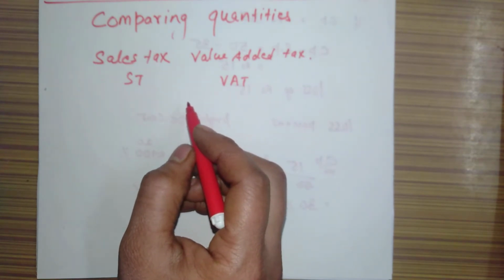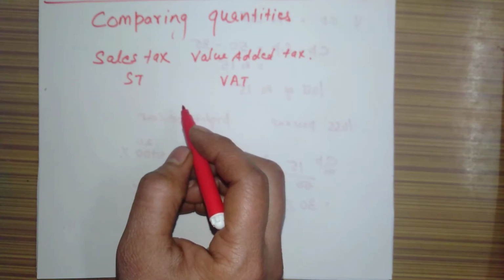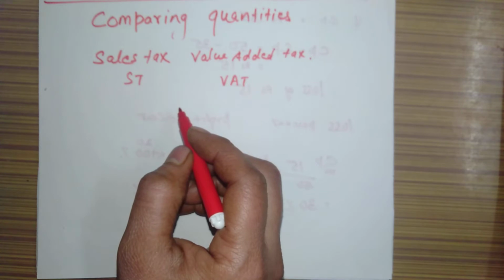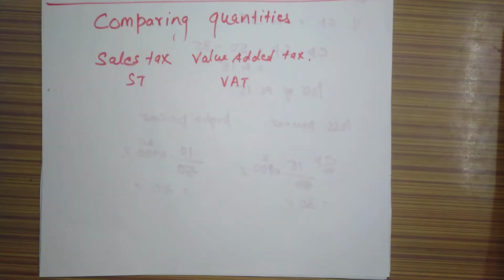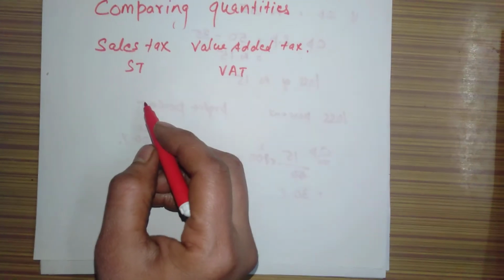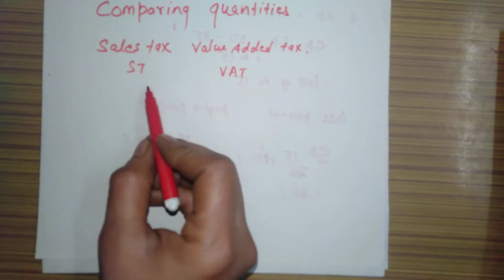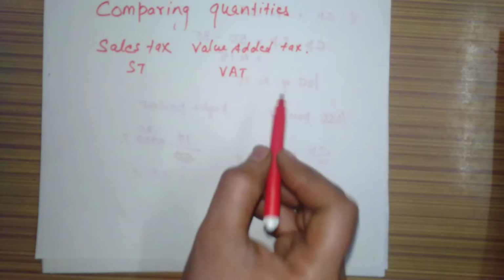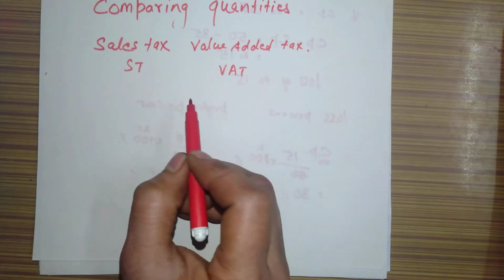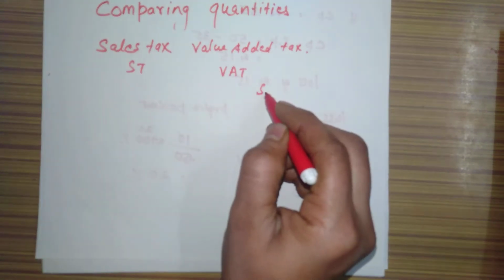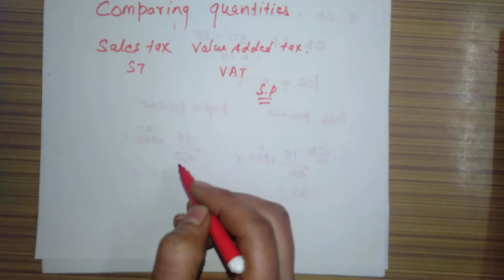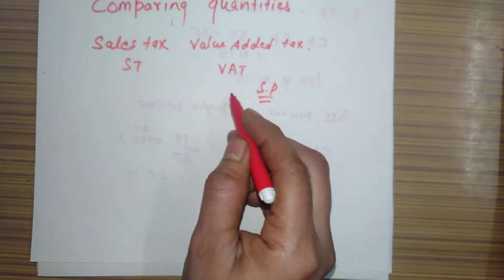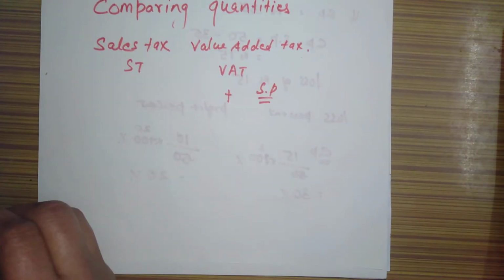The shopkeeper takes these taxes from the customer and gives them to the government. The shopkeeper charges these taxes from the customer, takes them from the customer and then pays to the government, and these are added on the selling price. ये selling price में add होते हैं. So these two are added in these ones.